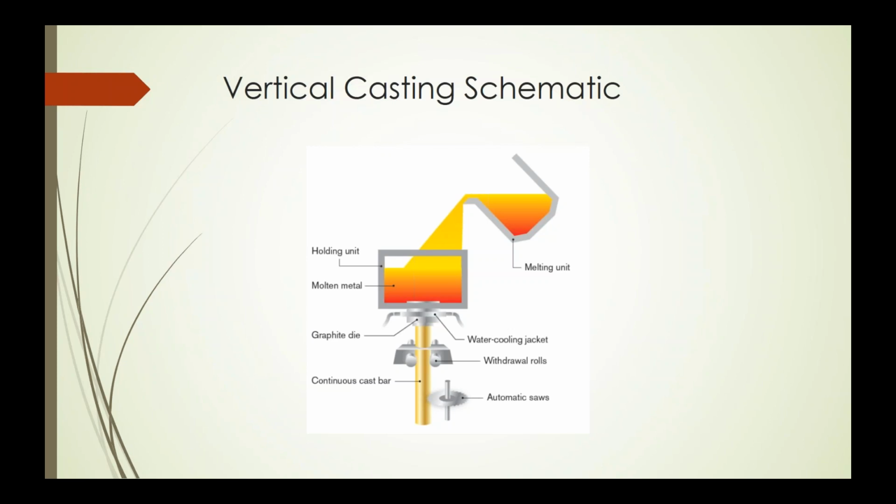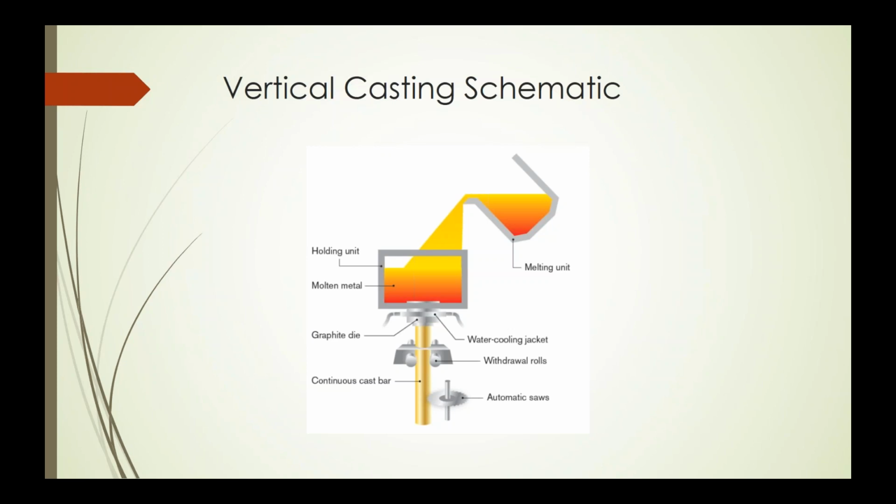You do have to be careful, but you're pouring or extracting the molten metal out of the bottom of this furnace to get your actual material. So many of the impurities and other things float to the top of this holding furnace, and therefore you can have someone skimming that off. It doesn't get into the actual workpiece, the continuous cast bar or rod, as it's withdrawn from the bottom.